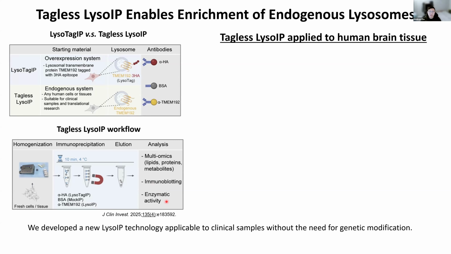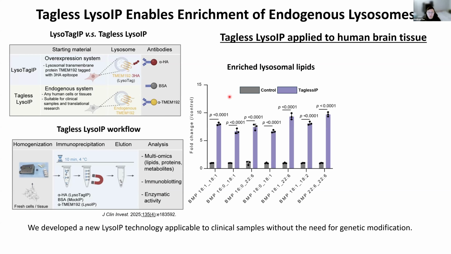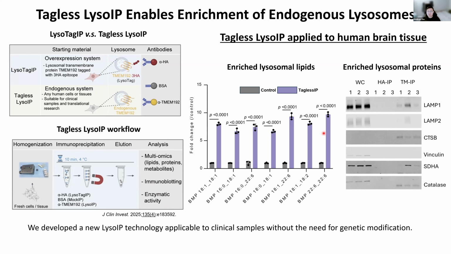We also applied the tagless lyso-IP to human brain tissues, and we saw over 6-fold enrichment of the specific lysosomal lipids, BMP lipids. We were also able to enrich some lysosomal proteins using this lyso-IP method.